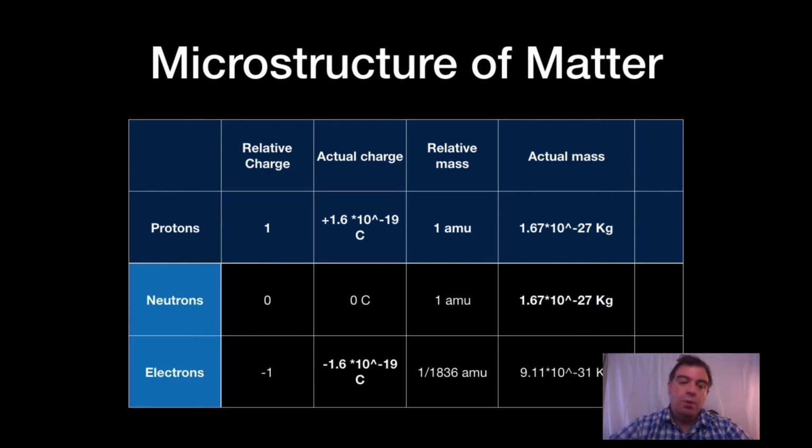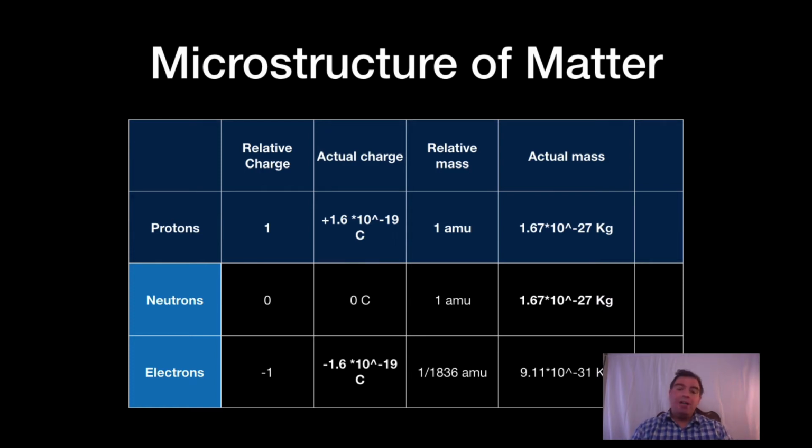In chemistry, we use relative charges for protons, neutrons, and electrons. If you recall correctly, protons are +1, neutrons are 0, and electrons are -1. That just means those are relative charges. It means that protons and electrons are exactly the same charge numerically, but opposite in sign. And of course, neutrons have no charge.